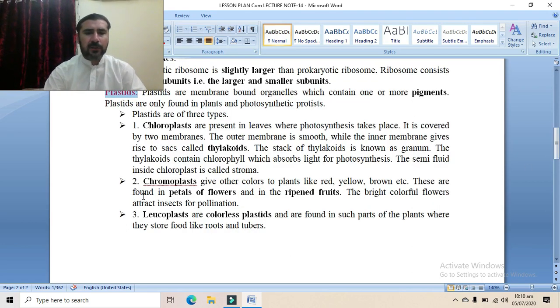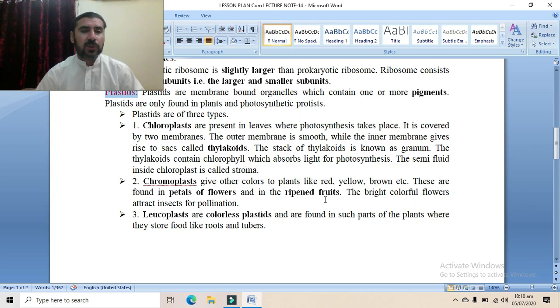Now the second type of plastid is the chromoplast. Chromoplasts give other colors to the plants, like red, yellow, brown, purplish, and so on. These chromoplasts are found in petals of flowers and in ripened fruits. You have observed that when a fruit ripens, it becomes either brownish or reddish in color.